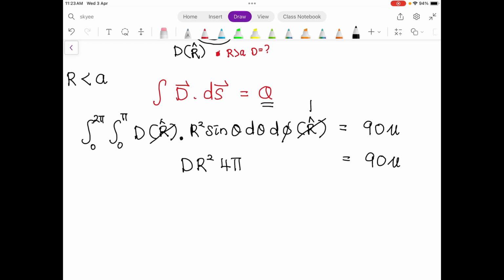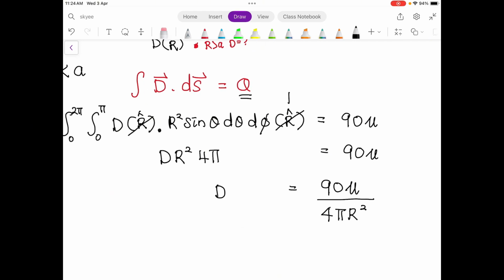Your D would be 90 micro divided by 4 pi r squared.